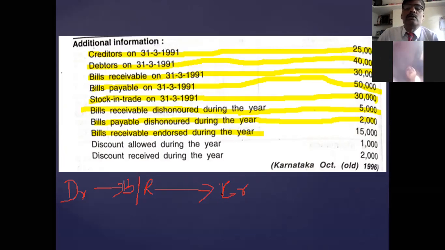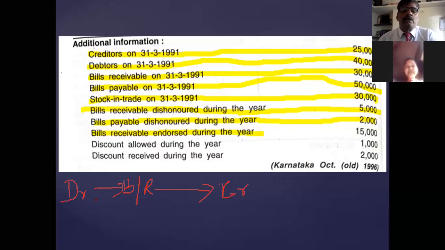Therefore, this is to be recorded on the bills receivable credit side. Asset reduces, so it comes on the asset account credit side. And creditor also reduces, so creditor's account debit side. You have to enter. This is called endorsement.